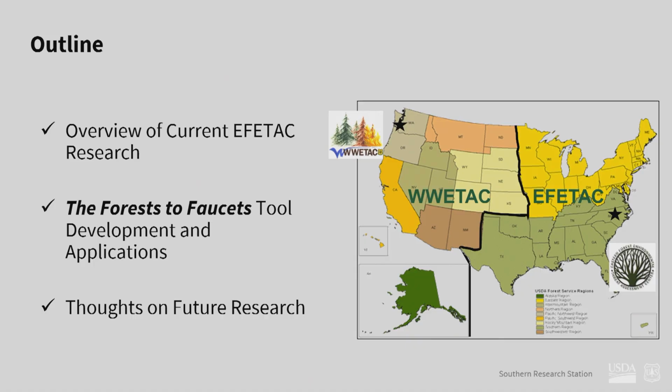For the west, as David mentioned, fires are a big threat. In the east, we have invasive species and urbanization, but less fire. A little bit different, but we have a lot of insect and disease problems in both the east and west.